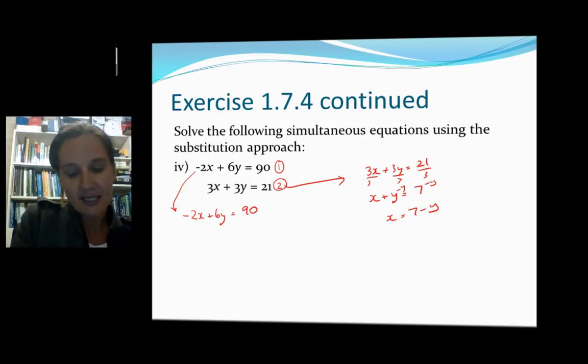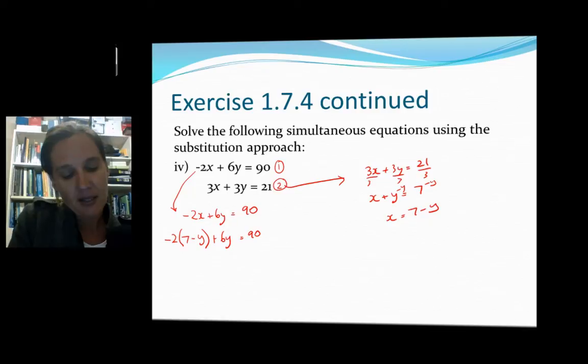So here x is 7 minus y, so we put minus 2 times 7 minus y plus 6y is equal to 90. Negative 2 times 7 is minus 14. Negative 2 times negative y is plus 2y, plus 6y is equal to 90. So here we've got minus 14 plus 8y is equal to 90.